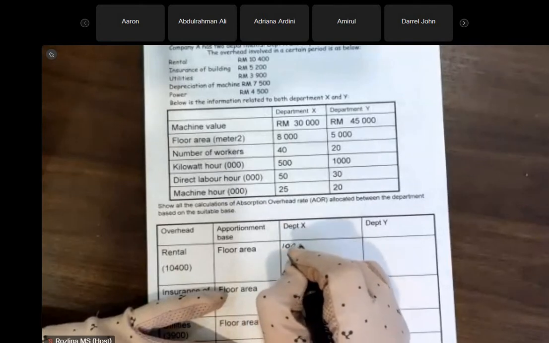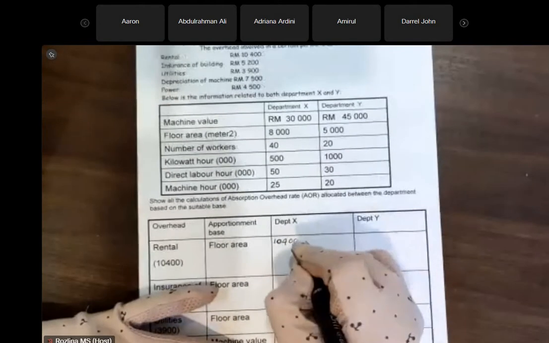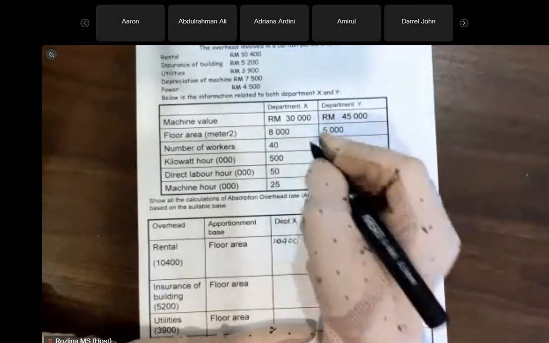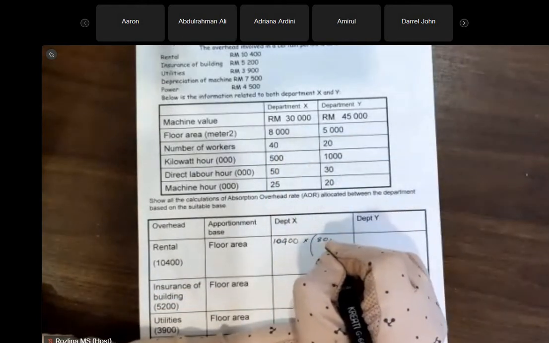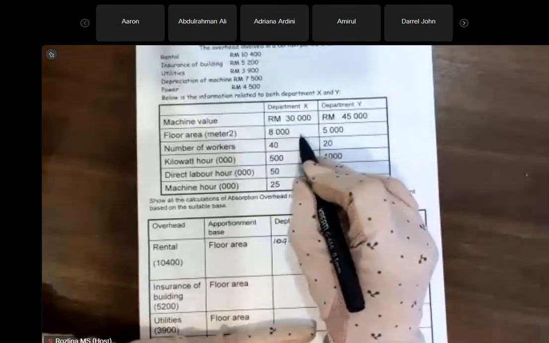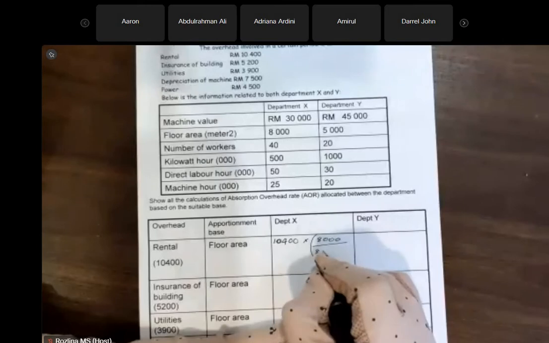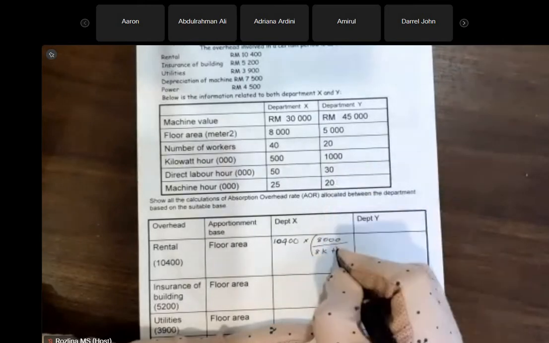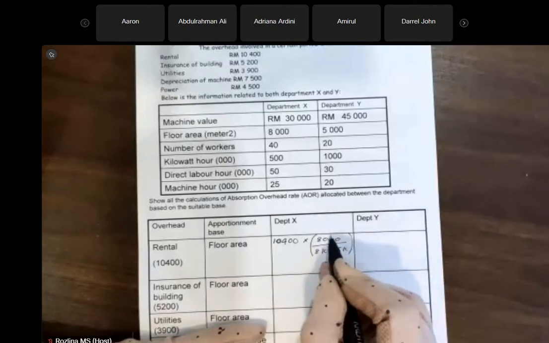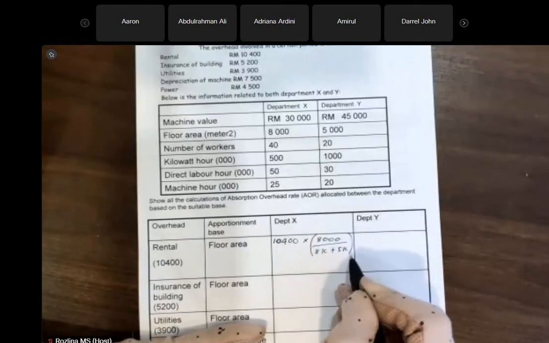We have 10,400, so you have to calculate the portion. For this one, 8,000, or 8K, divide by the total, 8K plus 5K. Actually what you do is to get the portion.